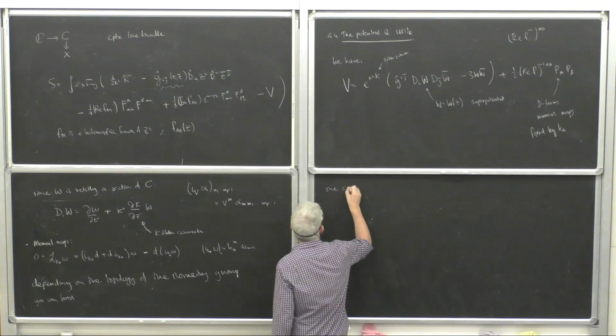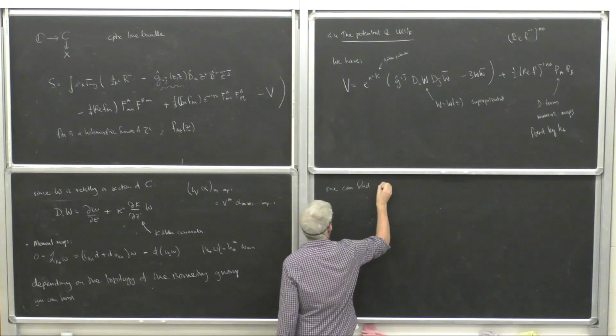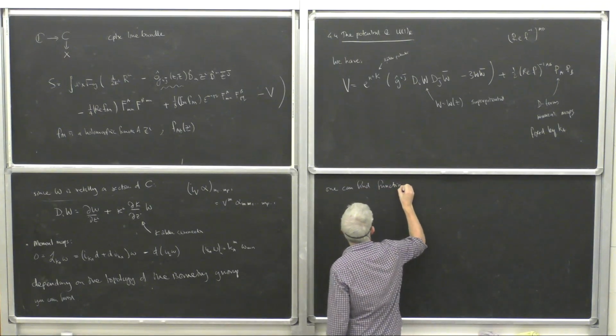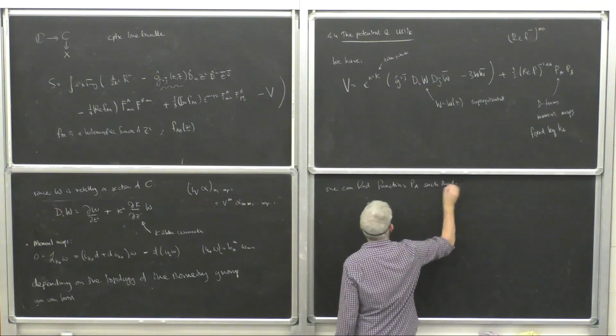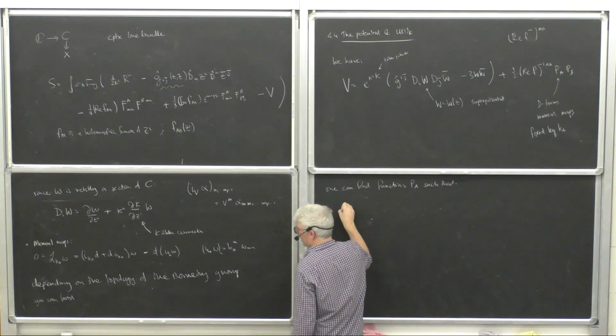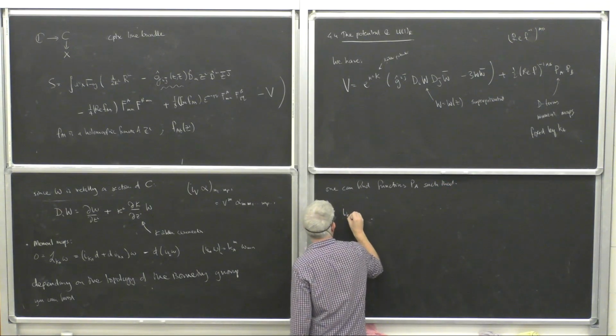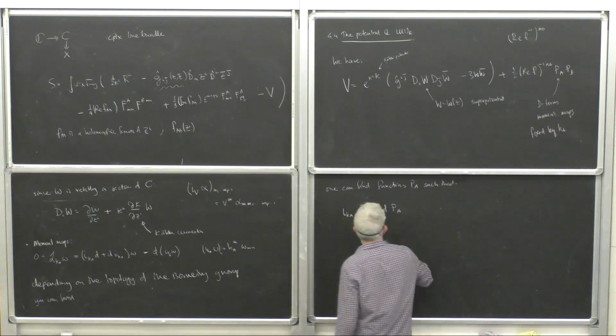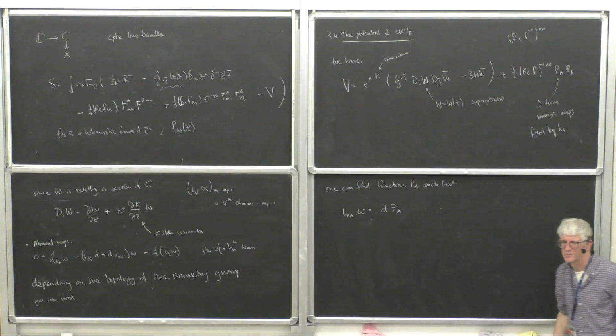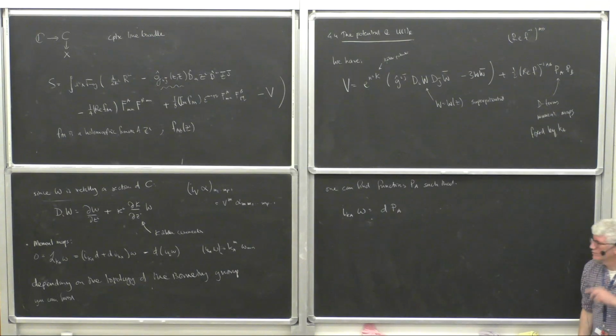One can find functions P_a such that i_Ka into the symplectic form is just d of P_a.